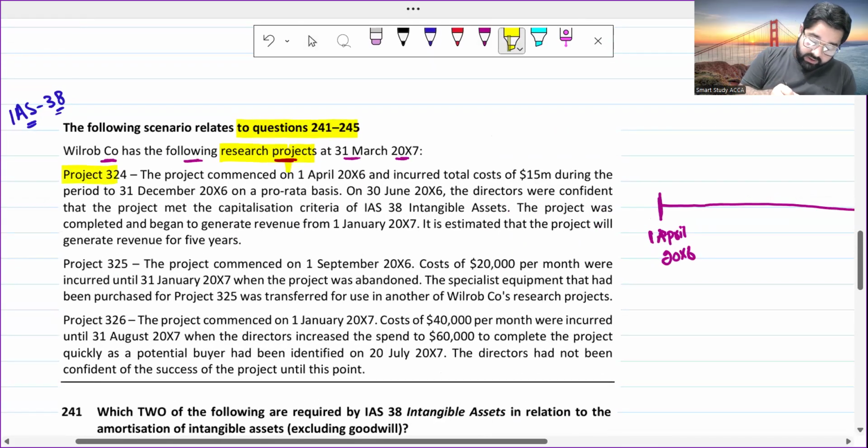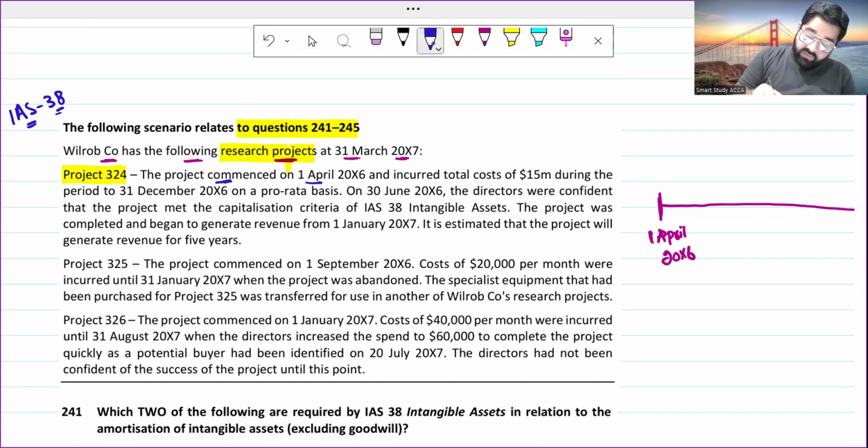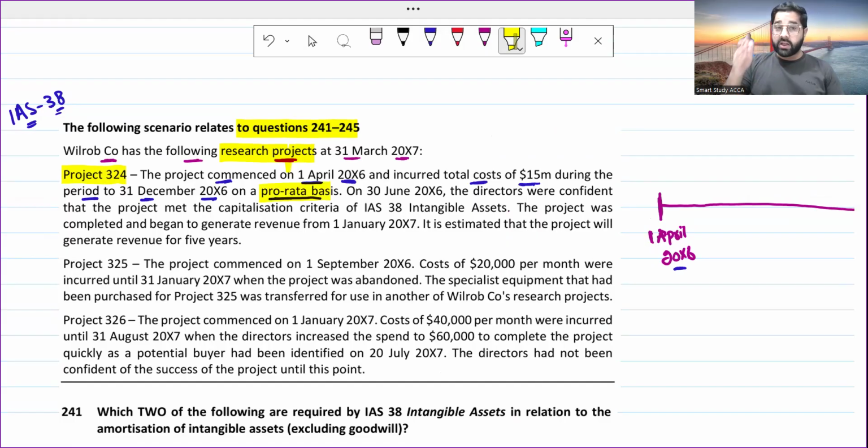Now, project 324. The project commenced on 1st April 20x6, meaning at the start of the year, and incurred a total cost of $15 million during the period to 31st December 20x6 on a pro rata basis. Pro rata basis means equally each month, up to 31st December. Now, what will be the total number of months from April to December?